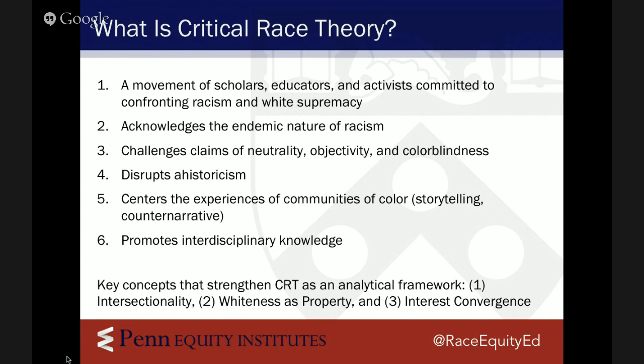So not just thinking about how one's individual identities intersect, but how systems of oppression intersect and create these social hierarchies of power that strip the humanity and agency from some groups and lift other groups up.